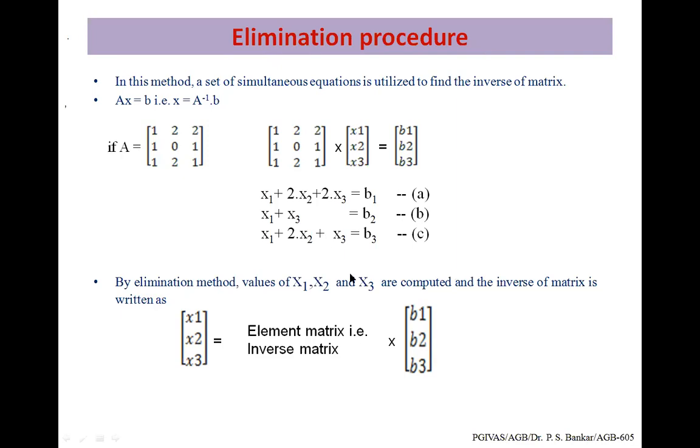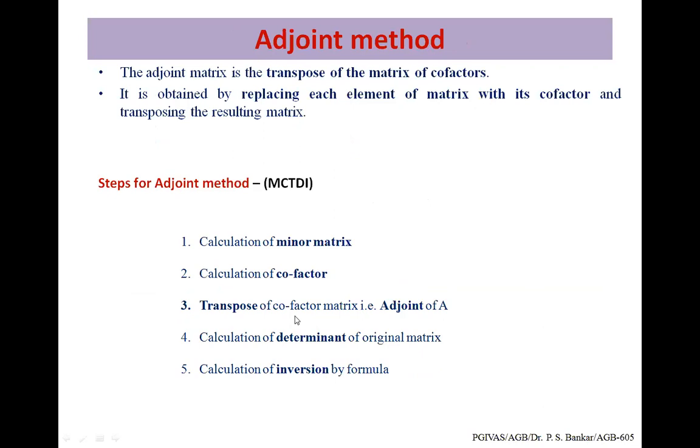You can follow this procedure and try to estimate it. Here we get the values of B1, B2, B3. If we know the values of B1, B2, B3, then we can estimate the values of x1, x2, x3. Then in the third method, the adjoint method, we know that the adjoint matrix is nothing but the transpose of the cofactor matrix.